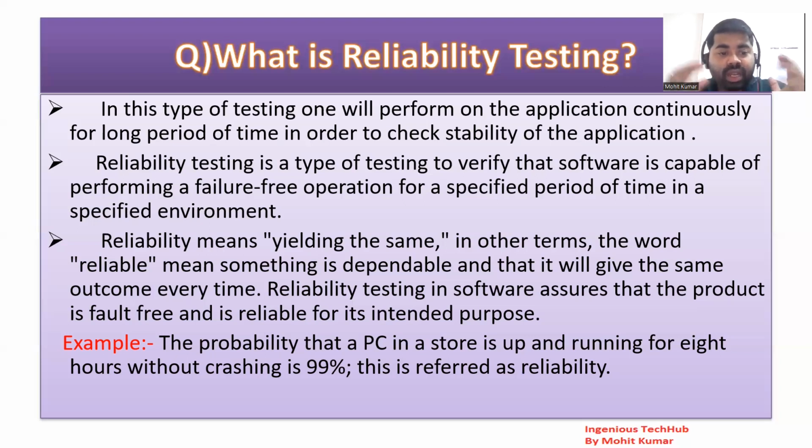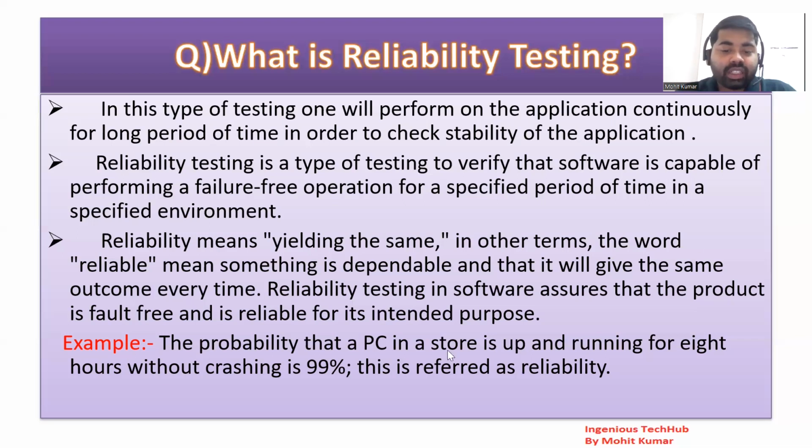Reliability means holding the same. In other words, reliable means something is dependable and will give the same outcome every time. Reliability testing assures that the product is fault free and reliable for its intended purpose.